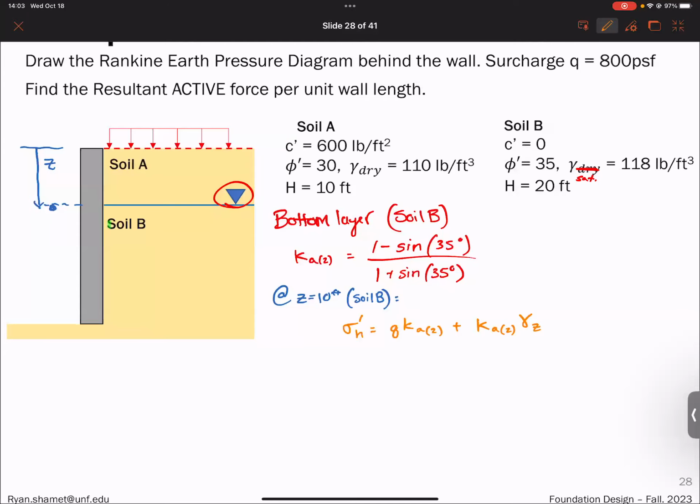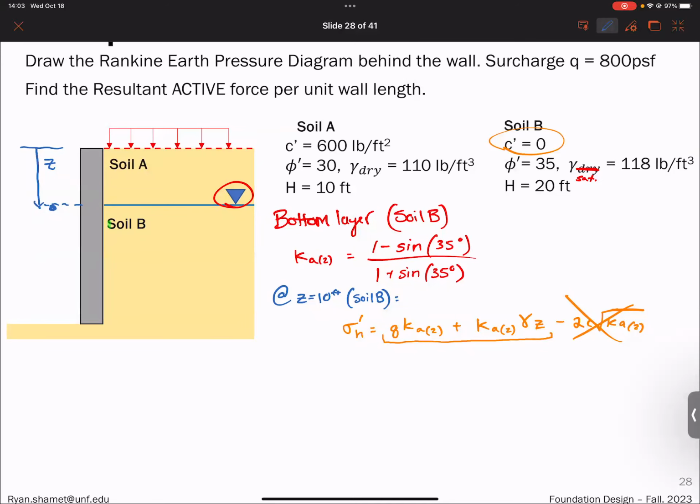Sorry, should be times Z. And if we wanted to add the zero, the function here of the minus 2C, we could, but there is cohesion equal to 0. So we know that this whole thing here, 2C square root of KA2, will all go out to 0 since there is no cohesion there. So our equation's a little bit simpler here.